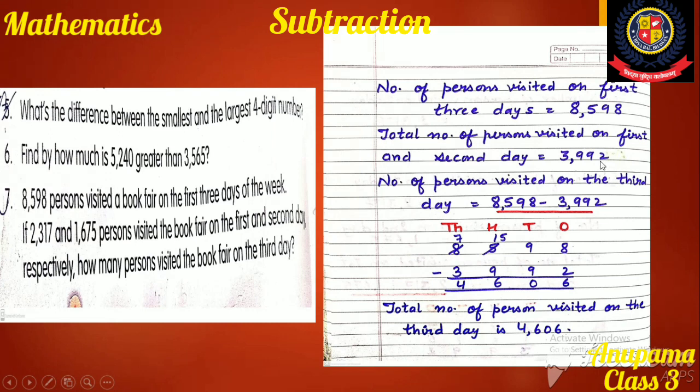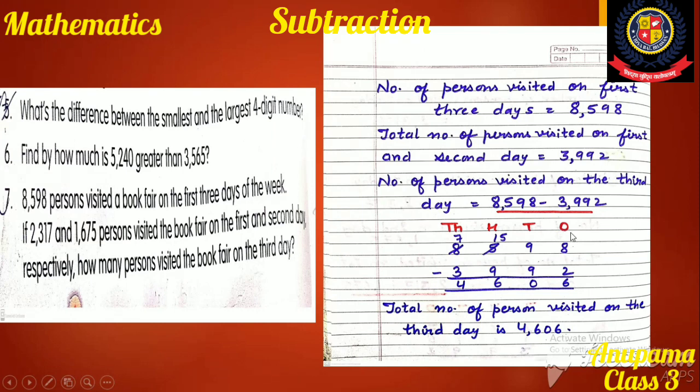Okay. Now we will subtract this number from total number of persons. So number of persons visited on the third day, that we have to calculate. So we will subtract 3992 from 8598. So arrange these numbers in column of 1000, 100, tens and ones.